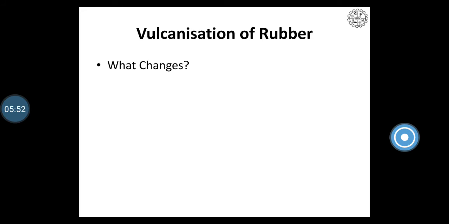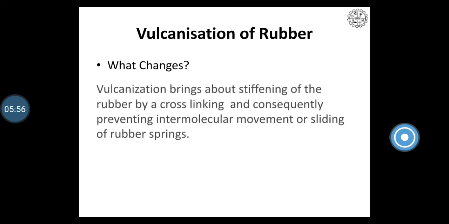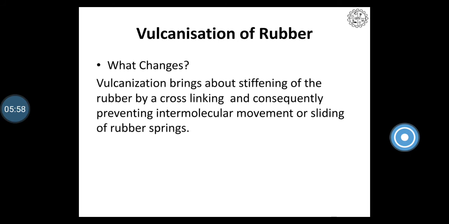After vulcanization, what changes do we see in the natural rubber? Vulcanization brings about stiffening of rubber by cross-linking, consequently preventing intermolecular movements or sliding of rubber springs.